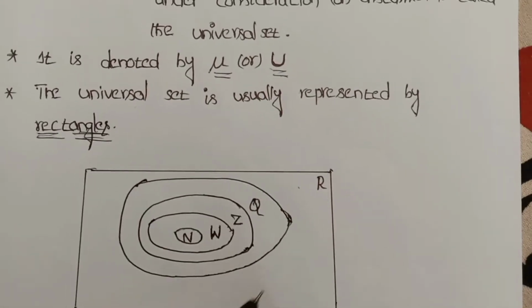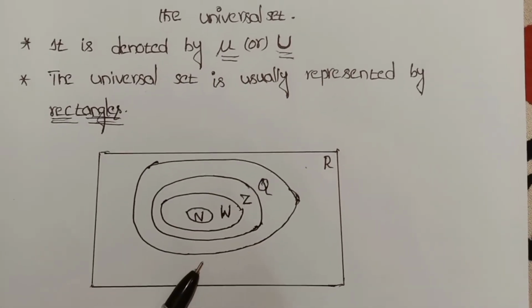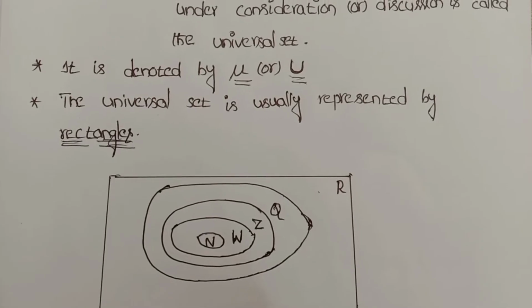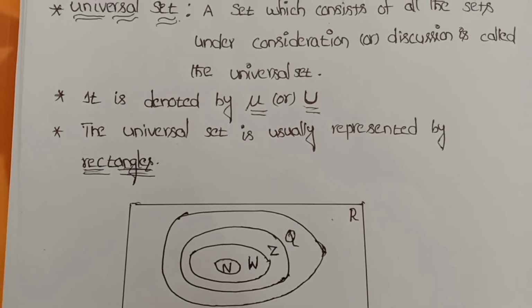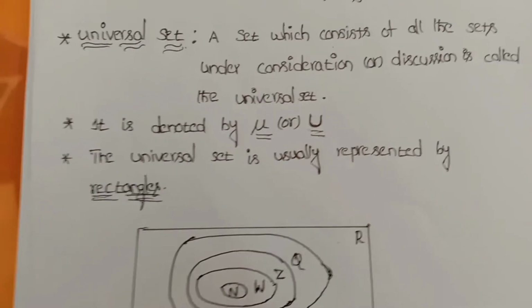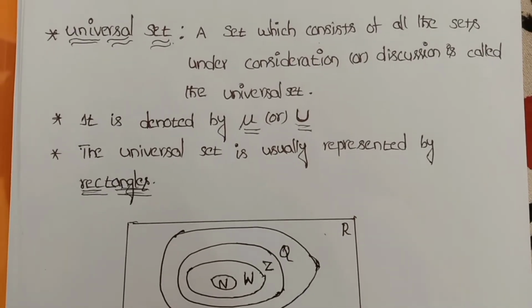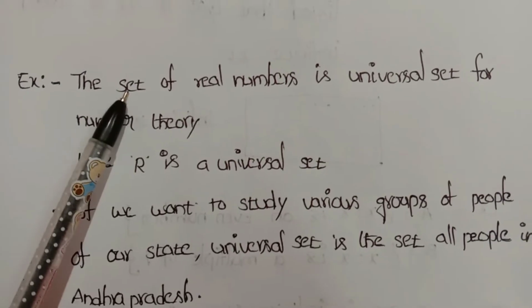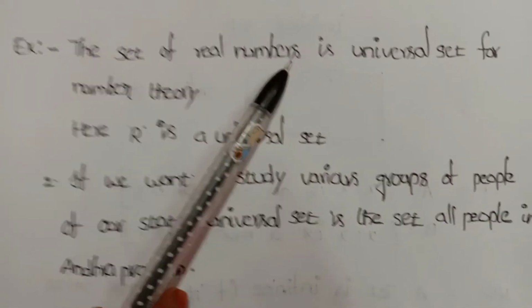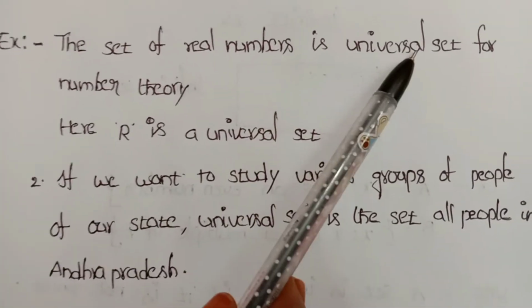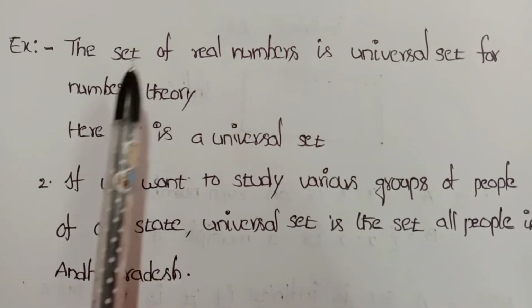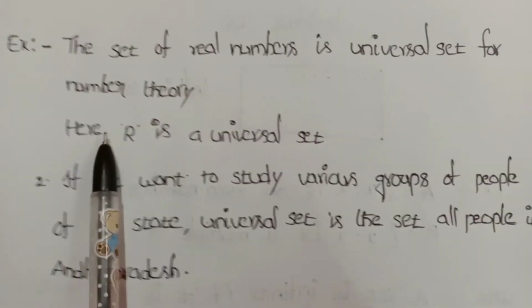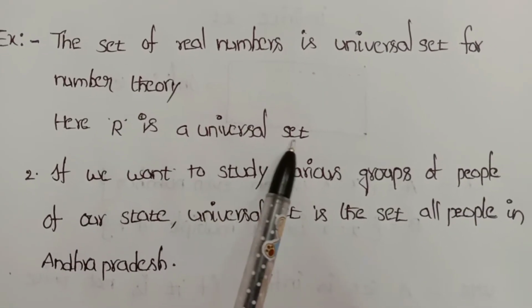This rectangle is universal set. Example of universal set: the set of real numbers is universal set for number theory. Here R is a universal set.